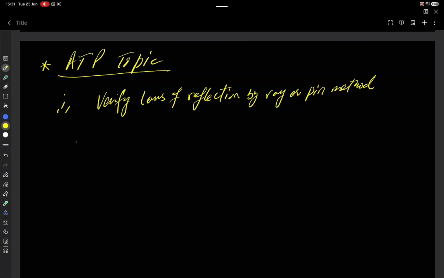This experiment is asked, and sometimes just a question related to the practical point is asked. Verify laws of reflection by pin method.